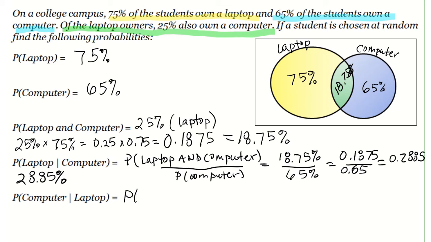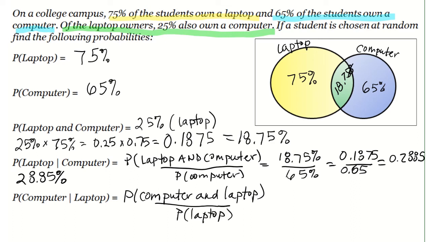So that is the probability of the computer and laptop divided by the probability of the laptop, which is going to give me that intersection that's in the green, divided by 75%.